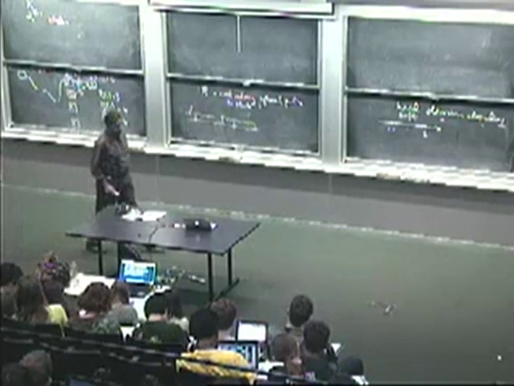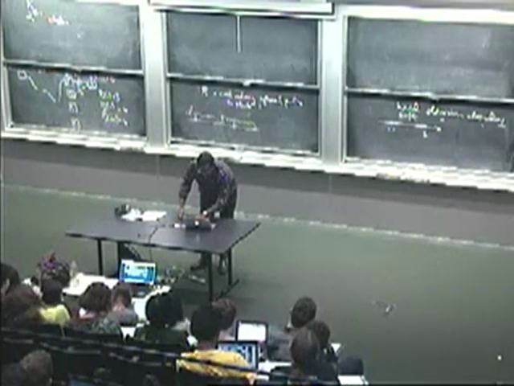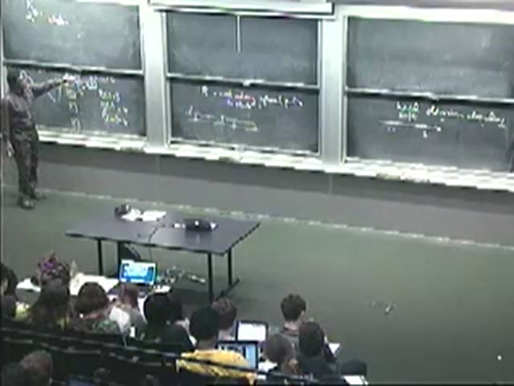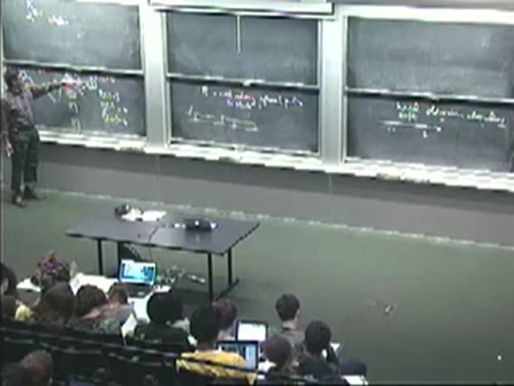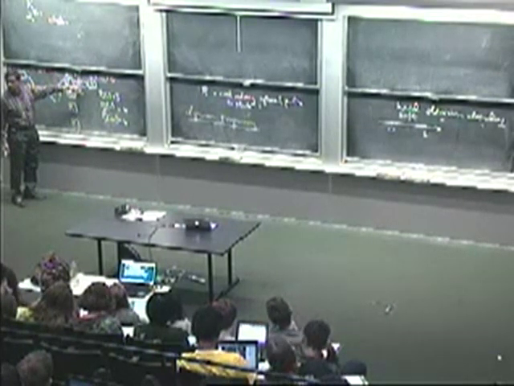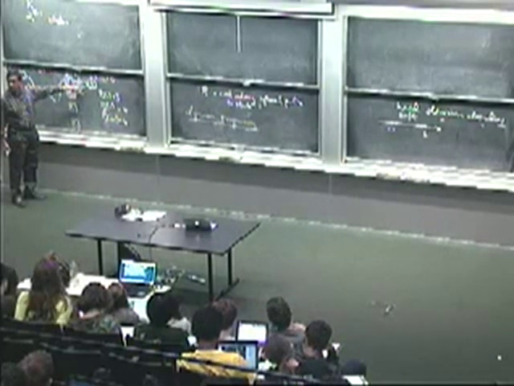Okay, so let's go back to the more formal way it's written up here on the slide. So we talk about the branch metric. That's just the Hamming distance that we computed here for the branch. It's the difference between what we've received and what would be transmitted if you moved along that arc. So that's the branch metric.